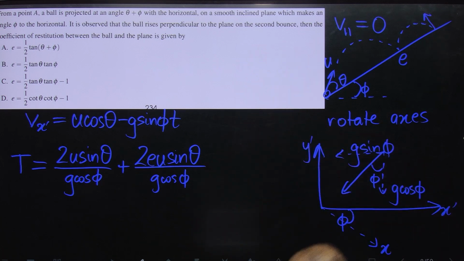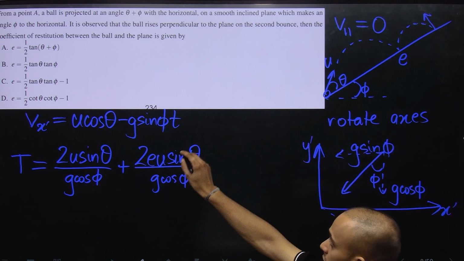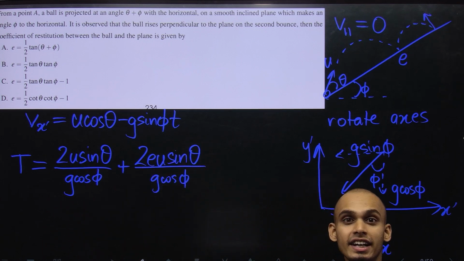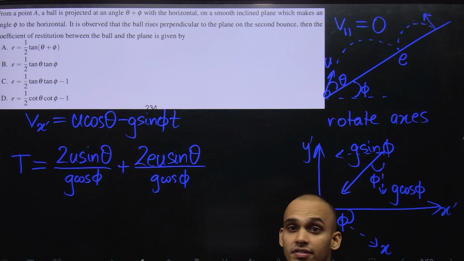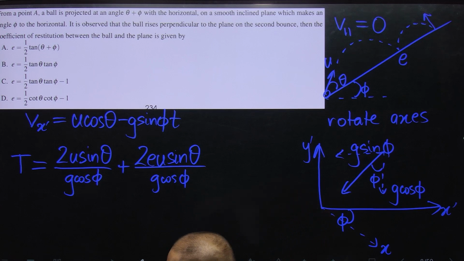Let us now substitute small t as this time of flight, and then it should balance with the initial horizontal velocity u cos theta.